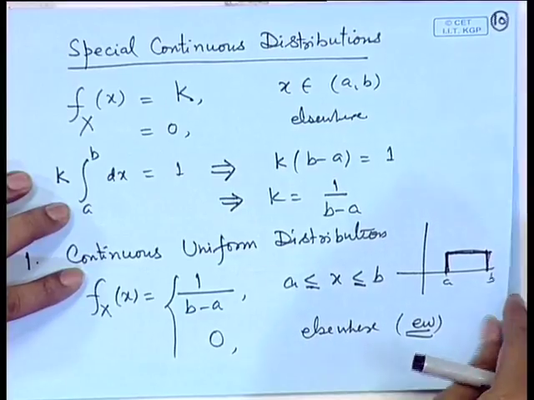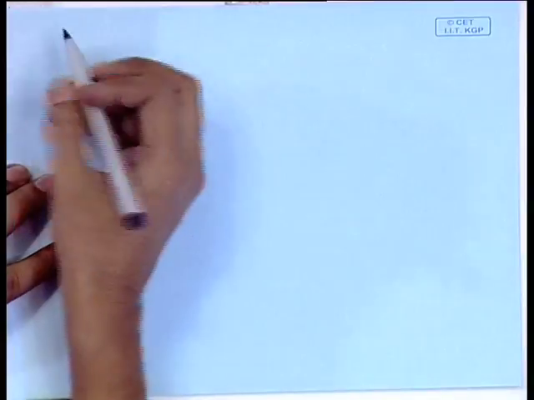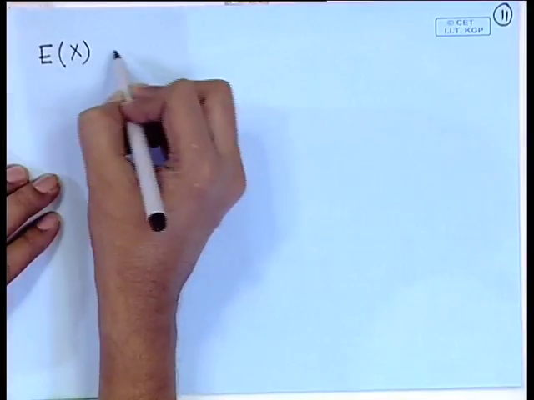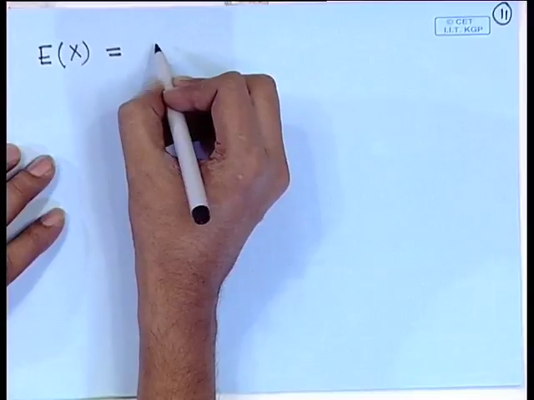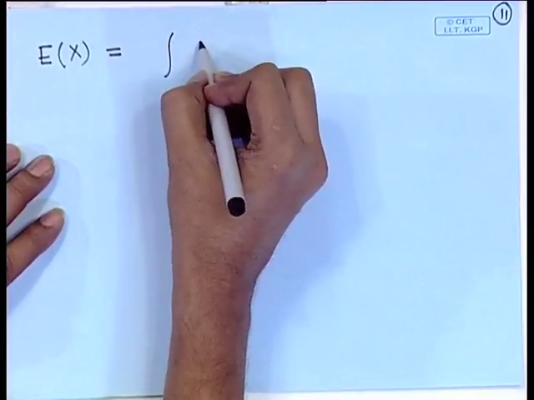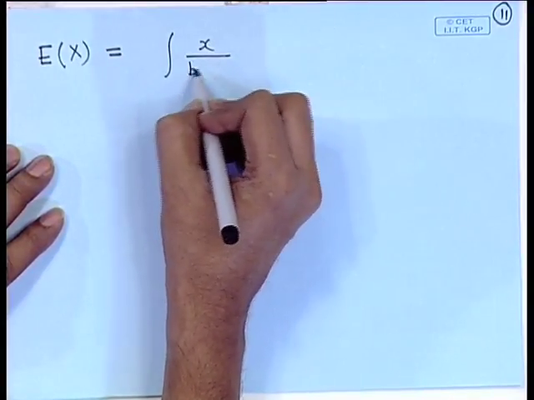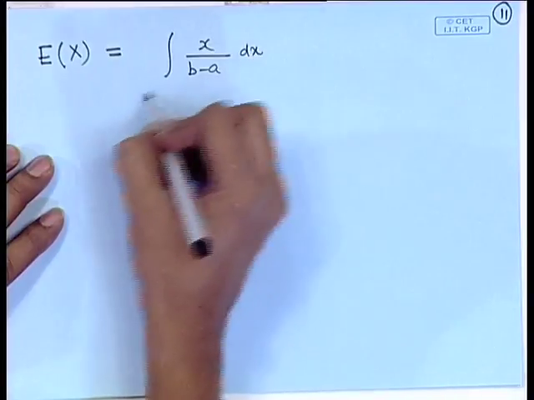We may look at some of the properties here. What is the first moment? That is the expectation of x. So, it is equal to the integral of x divided by b minus a dx from a to b.